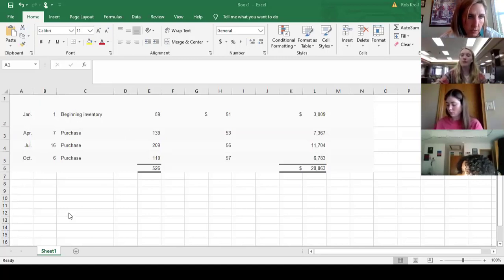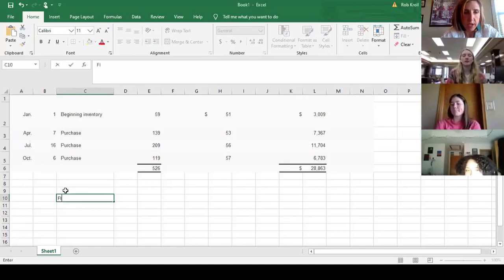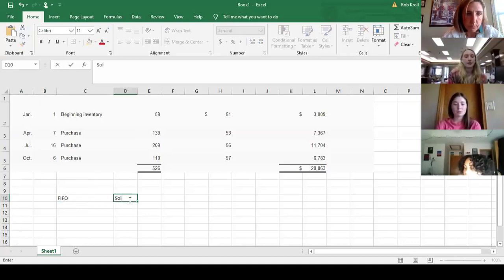If we were using, I'm going to type it right down here, FIFO, and we sold the same number of units, 100 units, for, let's say, $80 a piece.